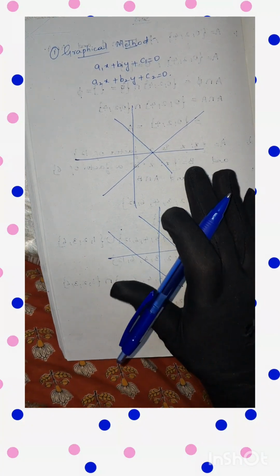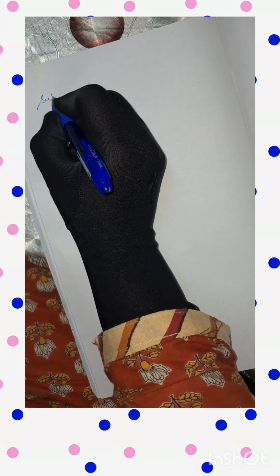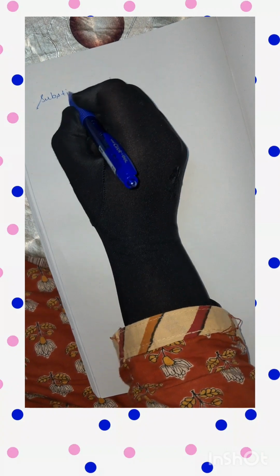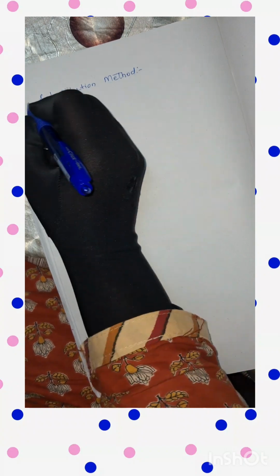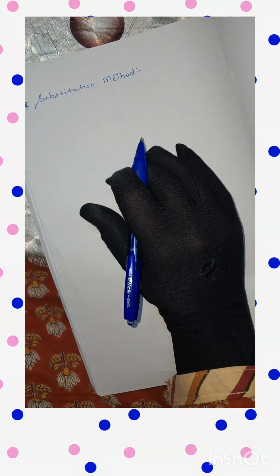Second is the substitution method. In this method, we make one of the variables, x or y, the subject from the first equation. Then we substitute this value in the second equation and get the value of the variable involved.